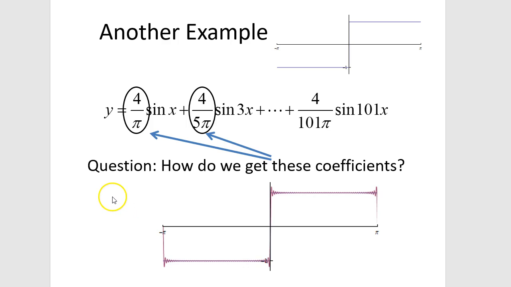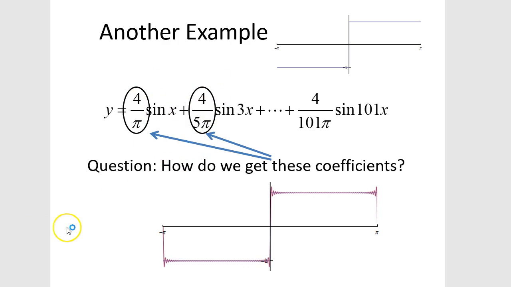Now, how do we get these coefficients? That will be the question, right? You may be convinced so far that you can talk about a Fourier series of any given function, but in order to actually have a useful theory, you need to know how to get those coefficients, right?